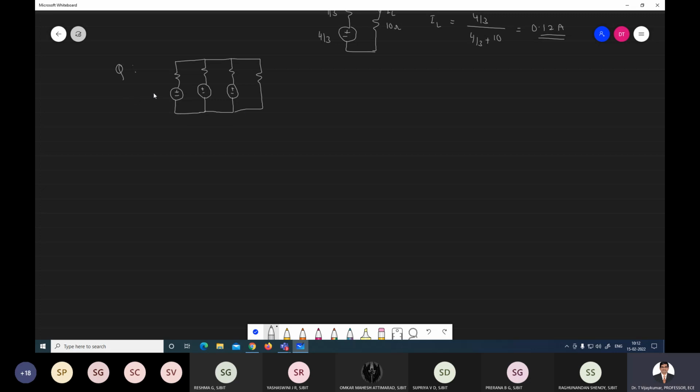This is 1 volt, this is 2 volt, and this is 3 volt, and here I. This is 1 ohm, this is 2 ohm, this is 3 ohm, and this is your 10 ohm. All of you solve this problem and tell me the answer.